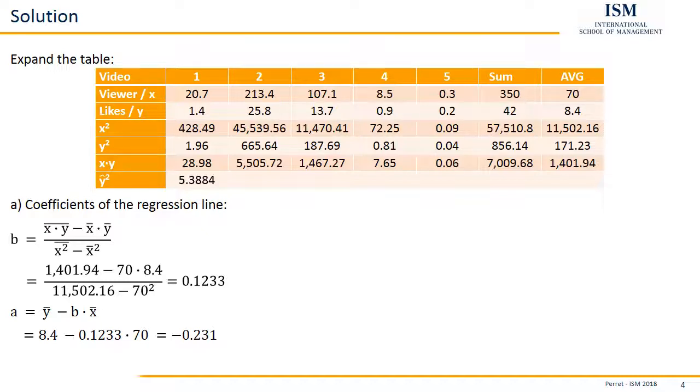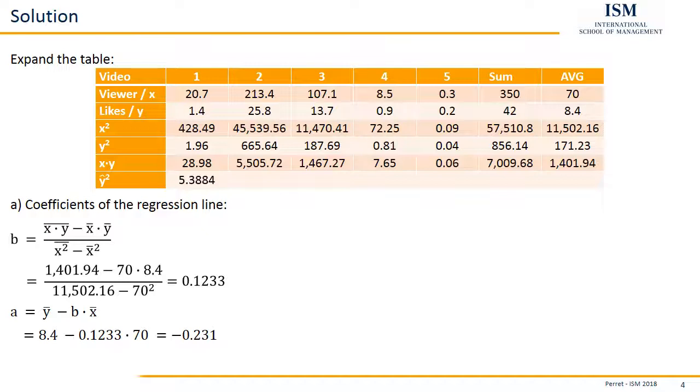For this we need this additional row with the y hat to the power of 2. What's y hat? That's if I insert x into the regression line. So here I would insert 20.7 in the regression line, so I calculate 20.7 times 0.1233 minus 0.231, and then I square the result.